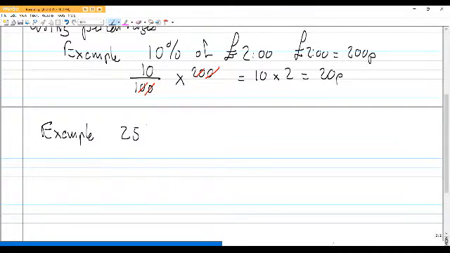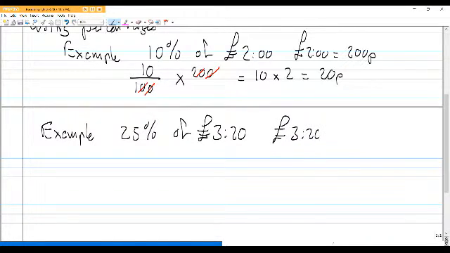25% of £3.20. Okay. Well, I'm going to write £3.20 as 320 pence. Okay, and what we've got here, we've got 25 over 100. Replace the of with the multiplication sign, and it's times 320.